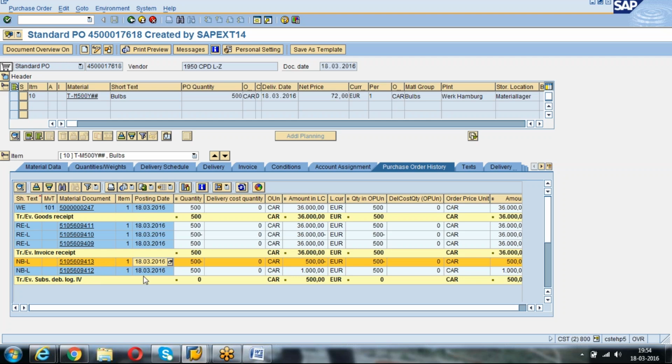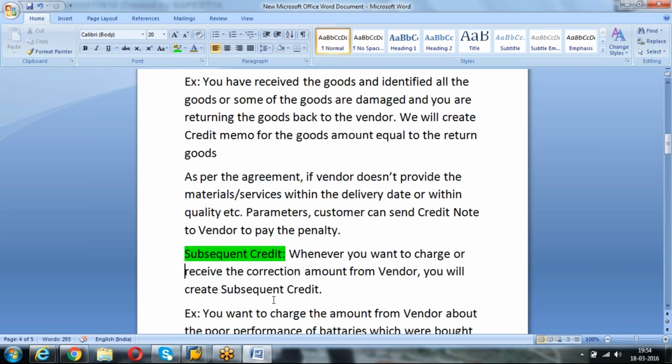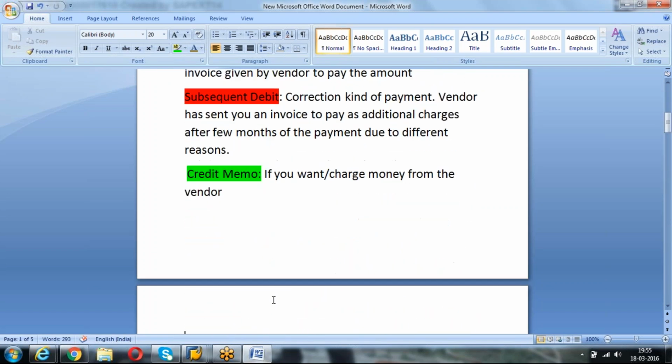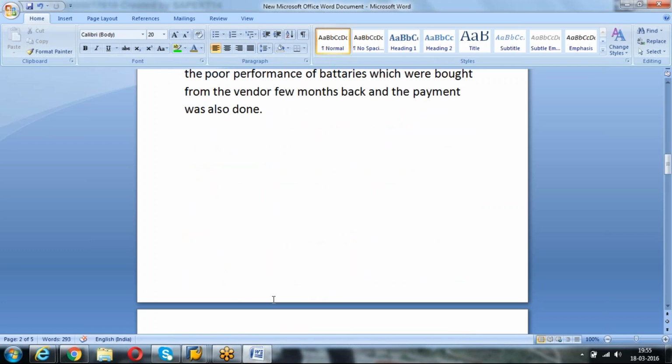I hope you are clear about the concepts, how it will be created, and I have explained certain examples, the conditions when you are supposed to create a subsequent debit and subsequent credit, and even the credit memo. I hope you are clear, and you can see help.sap.com for the exact definitions if you need some more clarity.